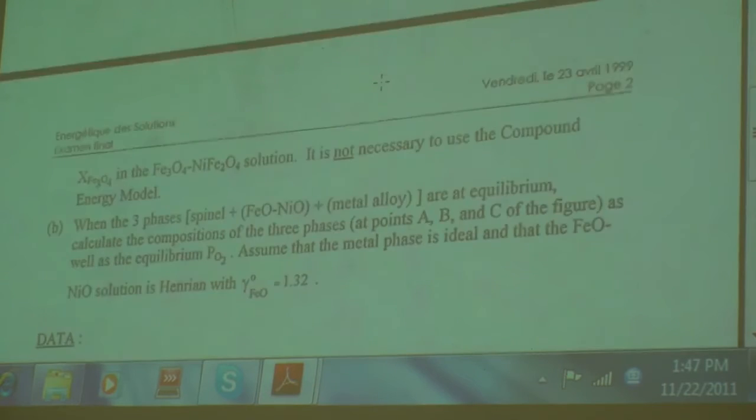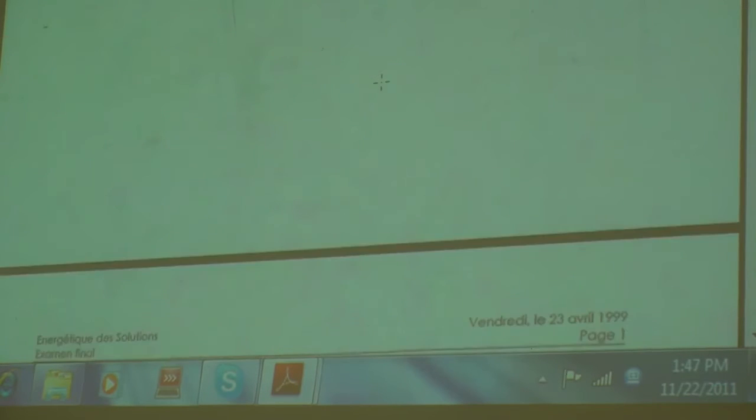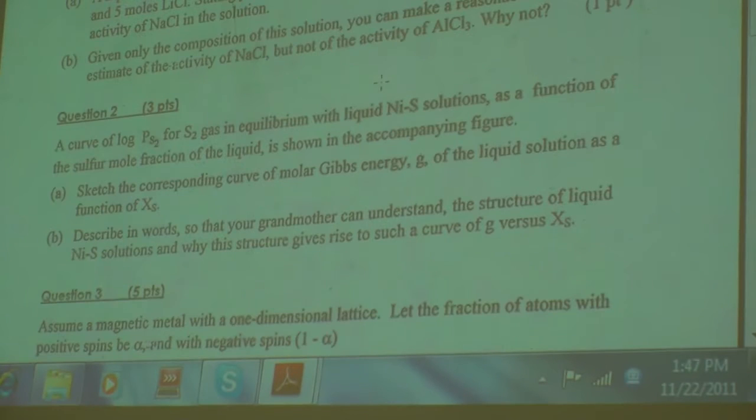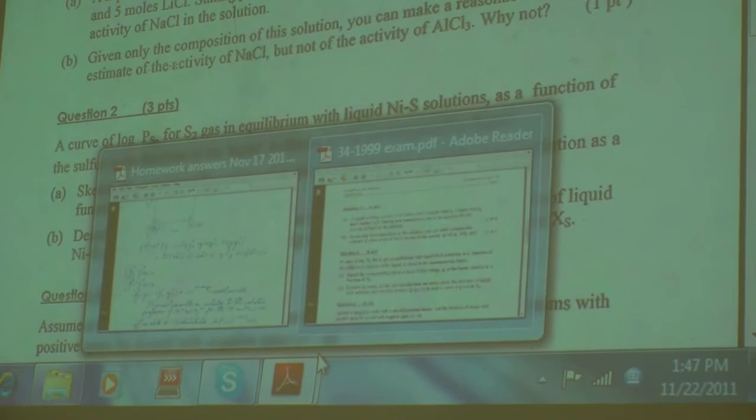The picture isn't there. I do have the picture.